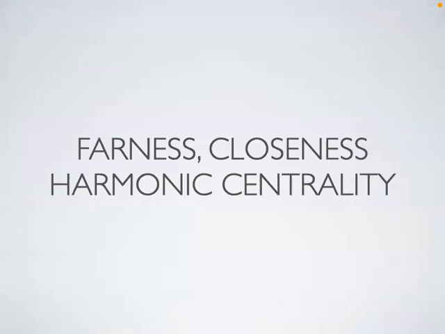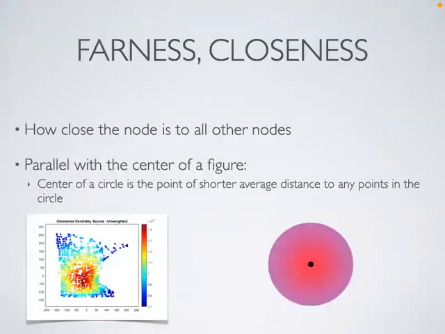Okay, so we move to a different set of centralities, which are farness, closeness, and harmonic centrality. This one is really related to the notion of being central, like in a geographical or geometric term. The idea is to measure how close the node is to all the other nodes.